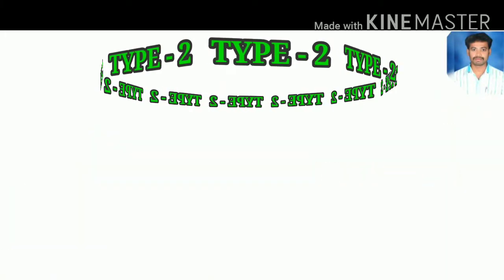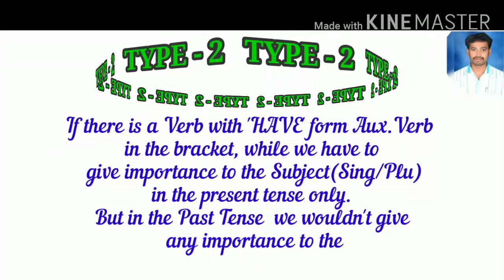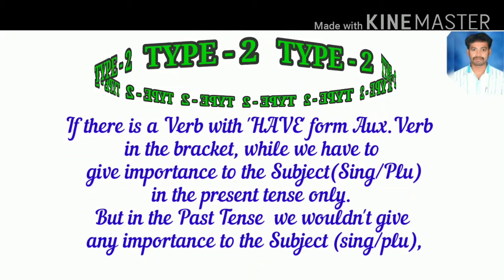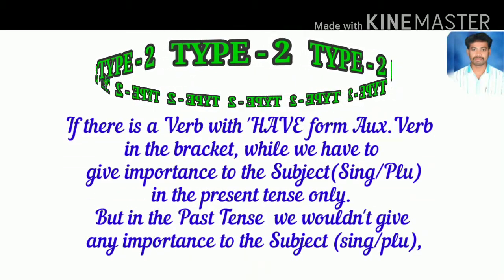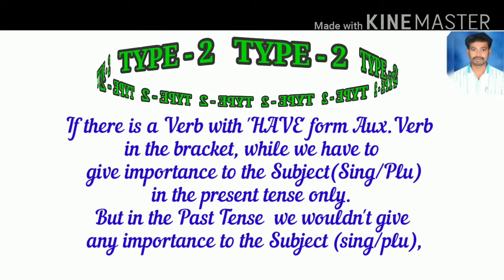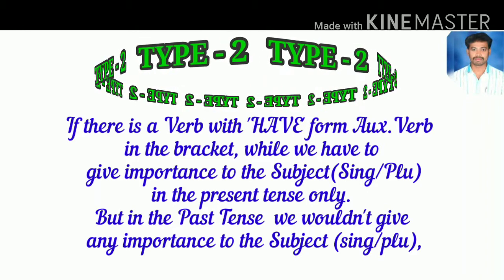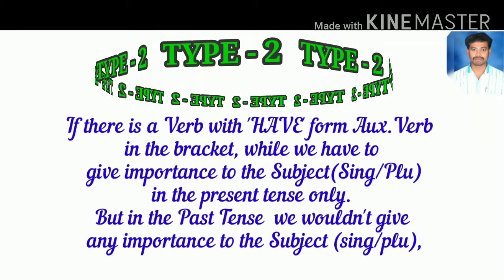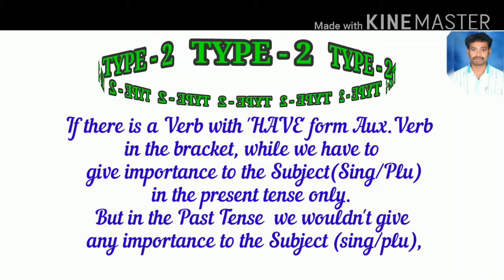Now I will come to the second type. If there is a verb with have form auxiliary verb in brackets, we have to give importance to the subject, which means singular or plural.